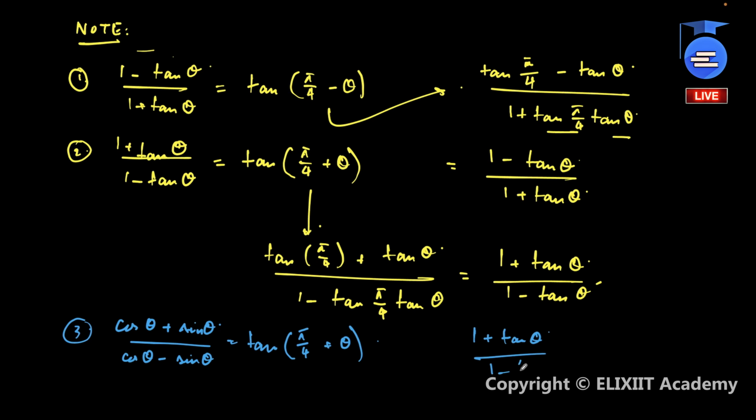Cos theta by cos theta, which is 1, plus sin theta upon cos theta, which is tan theta, divided by 1 minus sin theta by cos theta. So 1 plus tan theta divided by 1 minus tan theta. And just now we have seen in point number 2, this is nothing but tan pi by 4 plus theta. Okay.